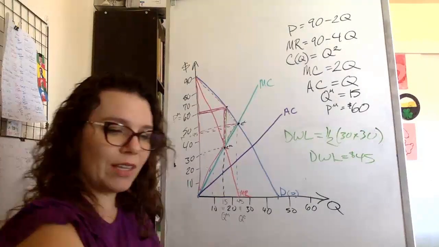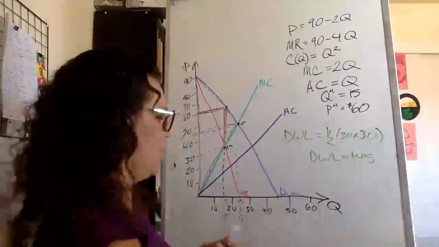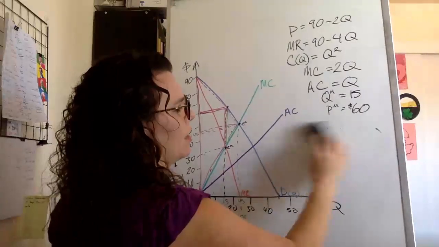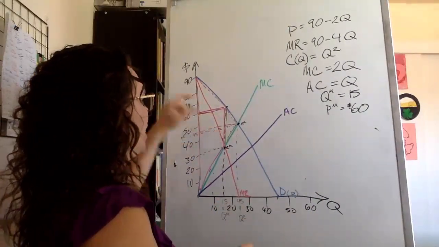We can also calculate the profits associated with this monopoly. And so that would be looking at the price and the average cost at the given monopolist quantity.